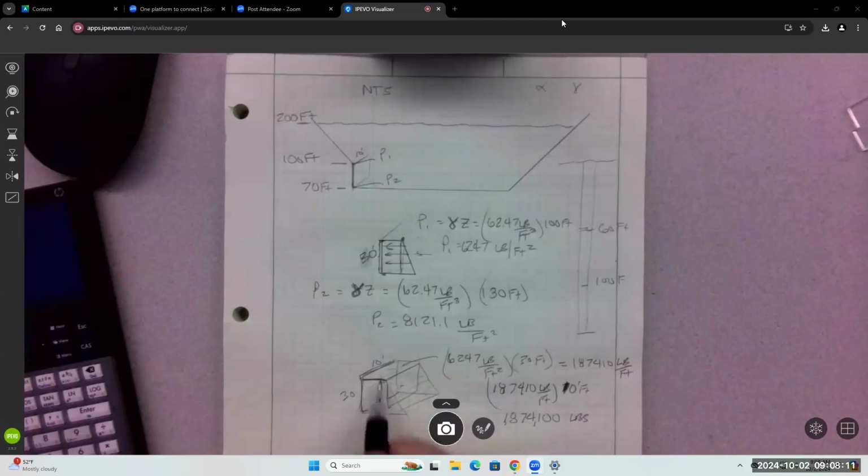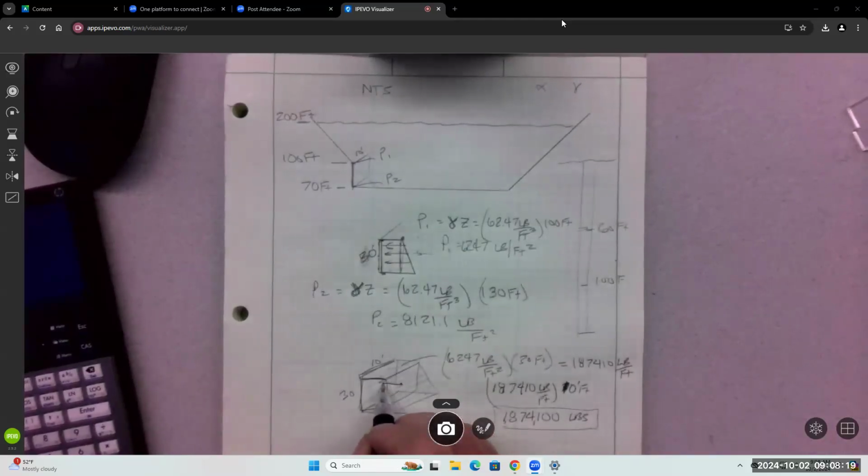And that's just the rectangle. Where's this applied? Center, geometric center, right there. The rectangle is right there. That's essentially the total force acting on that plate due to that rectangular distribution.